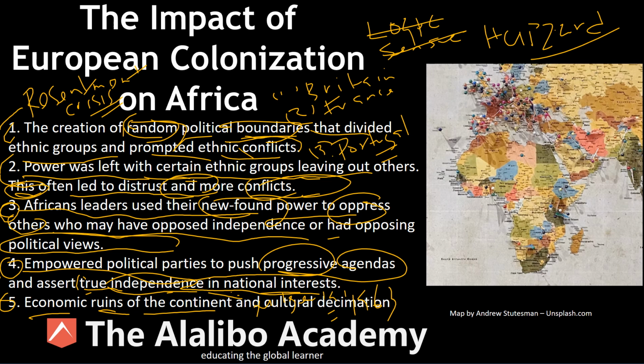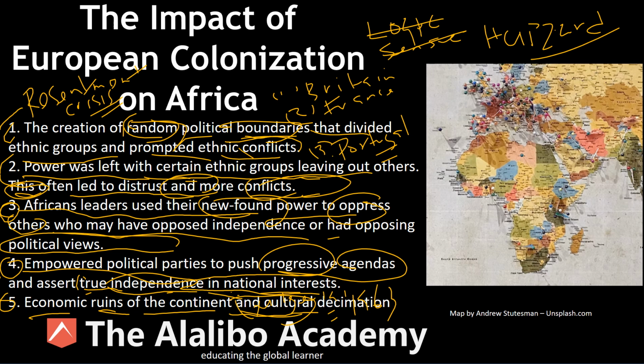Infrastructure was destroyed by the colonizing powers, and there was the demoralization of the population, and the lack of self-esteem, and imposition of their language, right, and the cultural divide of the continent, and all of those things were a significant impact, right? Economic ruins of the continent and the cultural divide of the continent, imposition of their language, and the eroding of African culture and language. All of those things were significant adverse impacts of colonization on the continent.